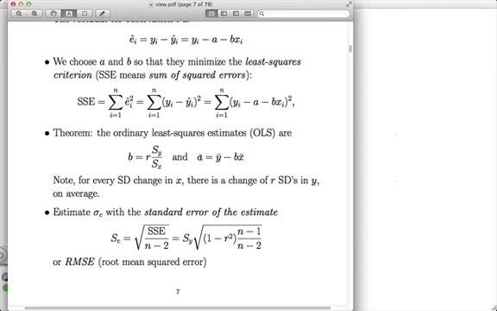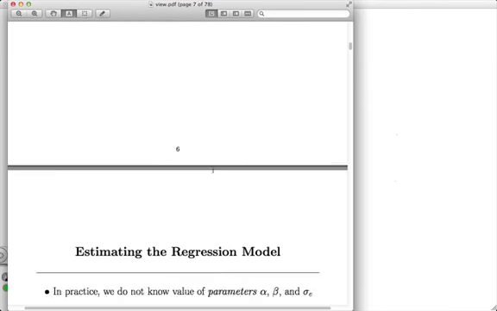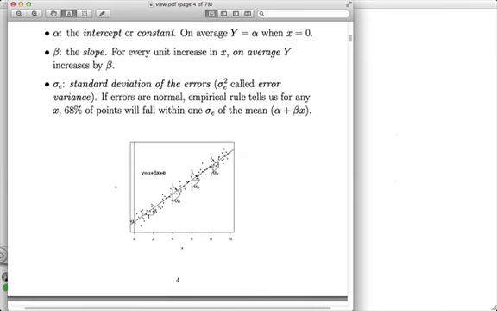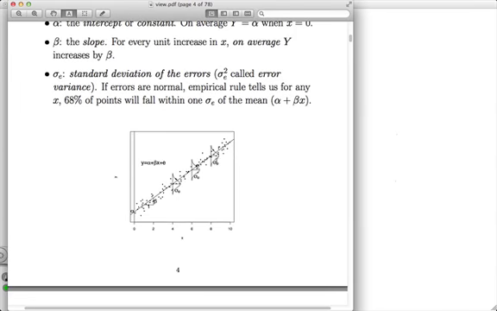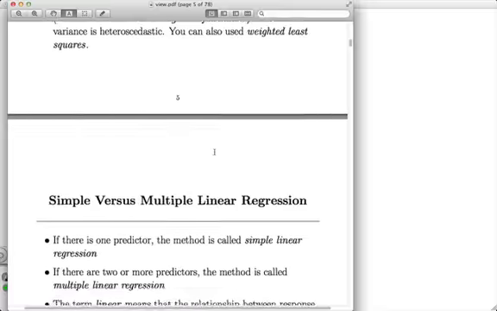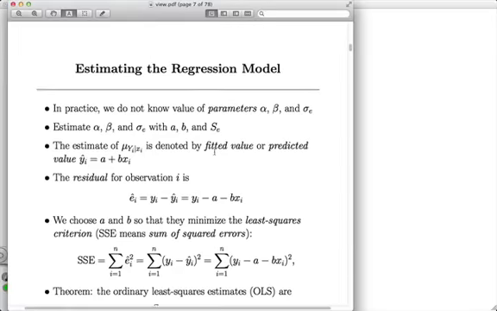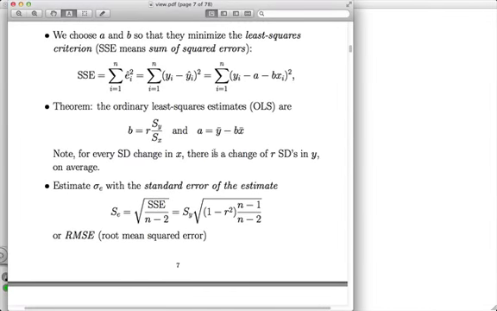One more result. We need to estimate sigma sub e. So what was sigma sub e? Well, remember, sigma sub e is the standard deviation of these deviations from the line. So we can estimate sigma sub e using the sum of squared errors.